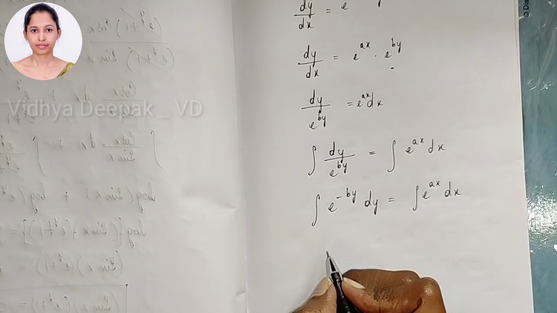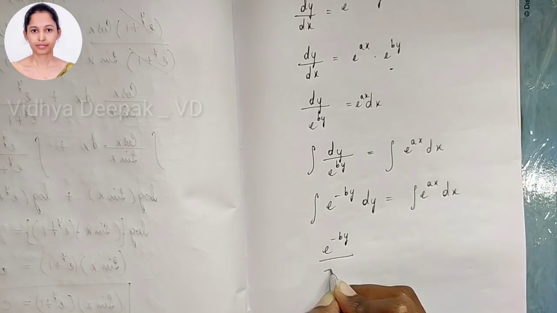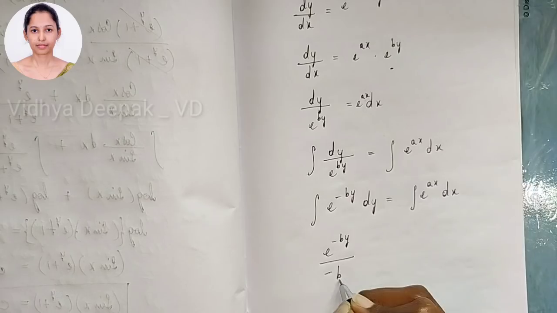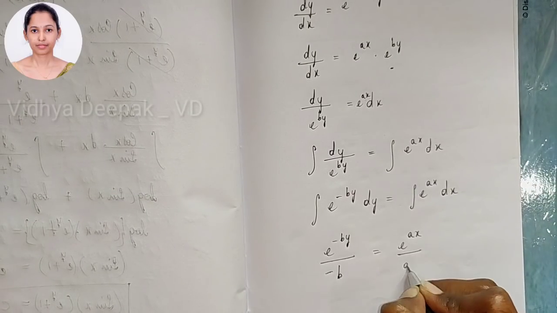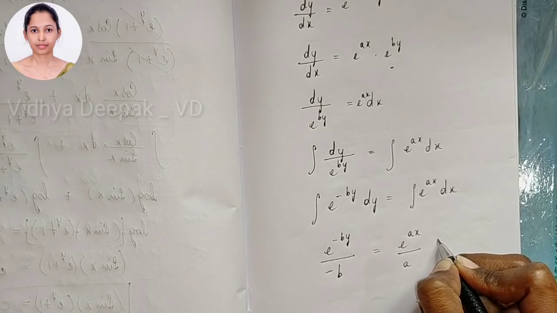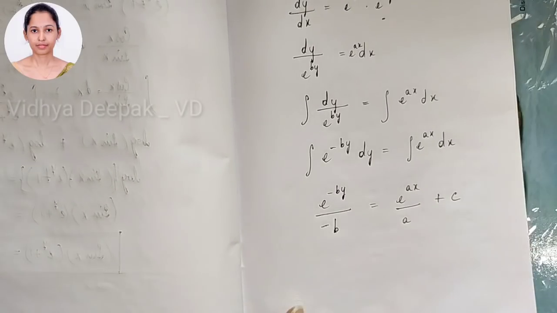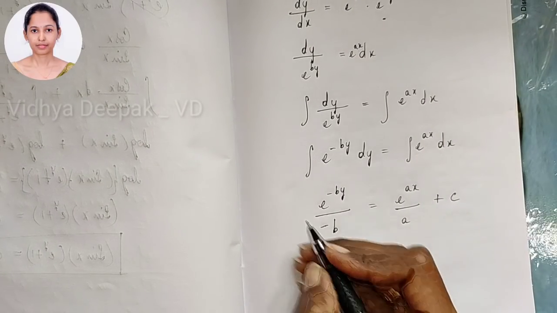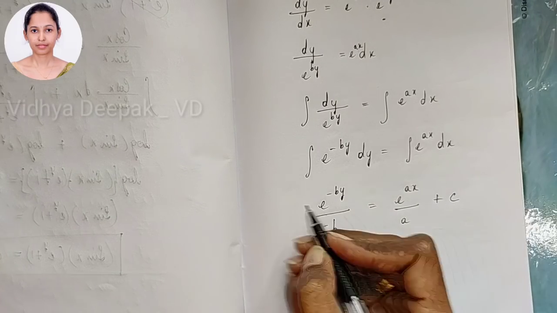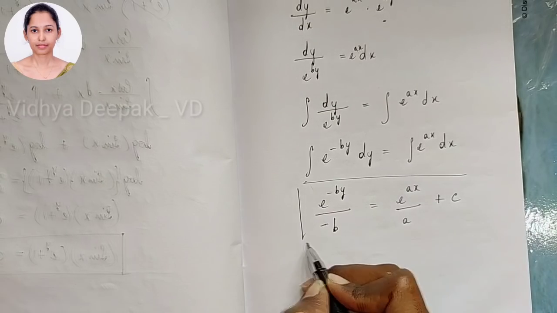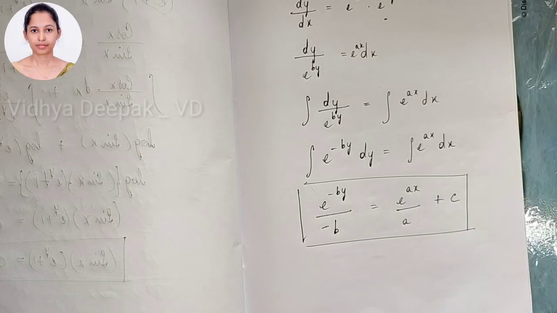So here integrating this, what do we have? e to the power of minus by divided by minus b is equal to e to the power of ax divided by a plus c, right? Now I can either keep it here or I can send it to the other side. Anything is fine, so I will keep it this way. This is the required solution.